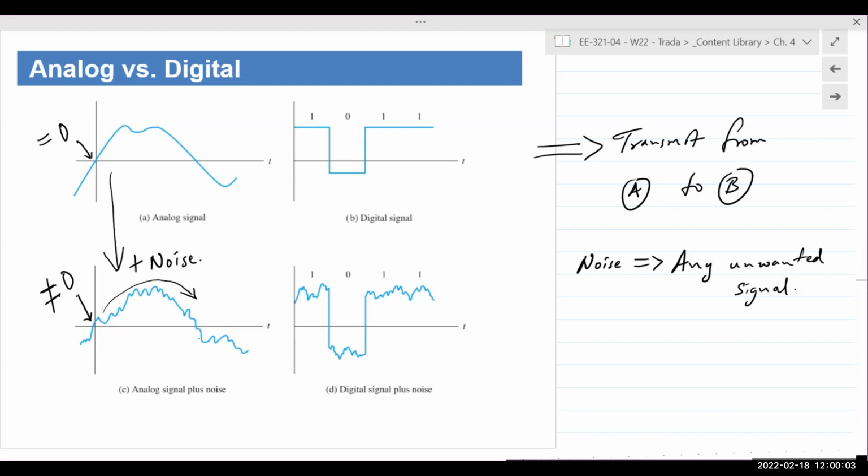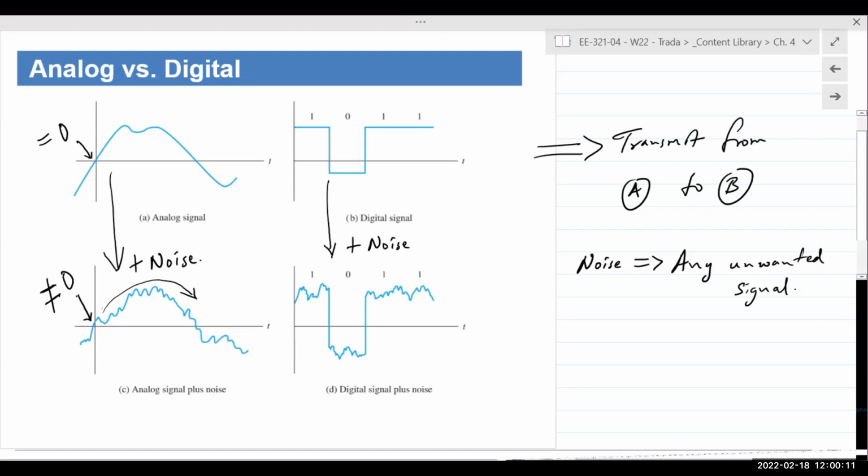Let's take the case of the digital signal. In the digital signal, if it picks up noise, well, the amplitude has now changed, right? The amplitude has changed, the value has changed, yet we can still say the system is on for the first time period and off for the second and on again for the third and fourth.